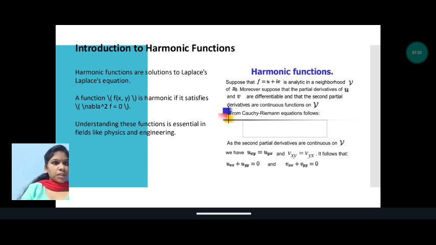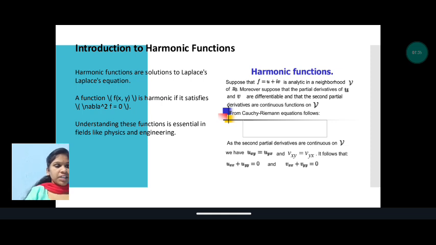Harmonic functions. Suppose that f = u + iv is analytic in a neighborhood N = N(z0). Moreover, suppose that the partial derivatives of u and v are differentiable and that the second partial derivatives are continuous functions on N. From the Cauchy-Riemann equations it follows.